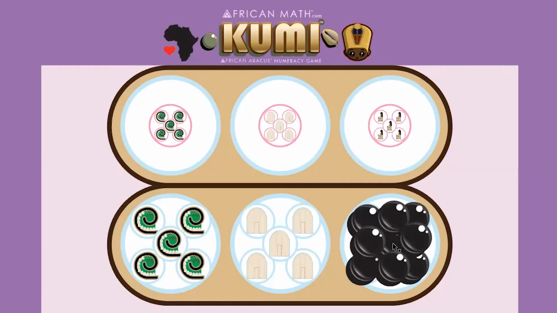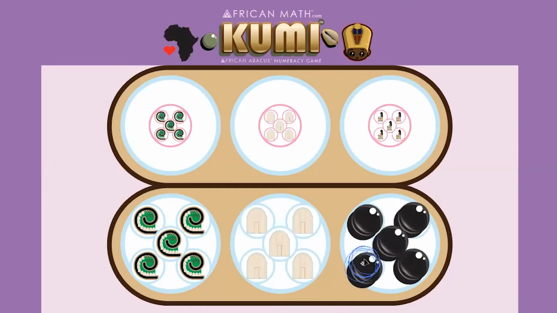So what we're going to do is take all of these other beads out, and when we get up to 5 beads, we do a process called clear carry. Every time we clear carry, that's our grouping method. African math has a method that we use to group quantities.